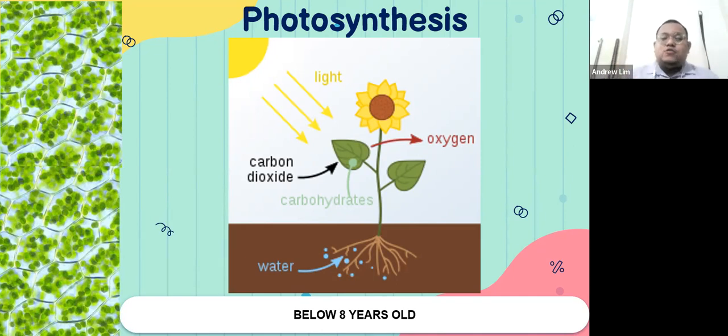So if you are 8 years old and below in this group now, all you need to remember is plants use light, carbon dioxide and water to form food and oxygen for the plant.